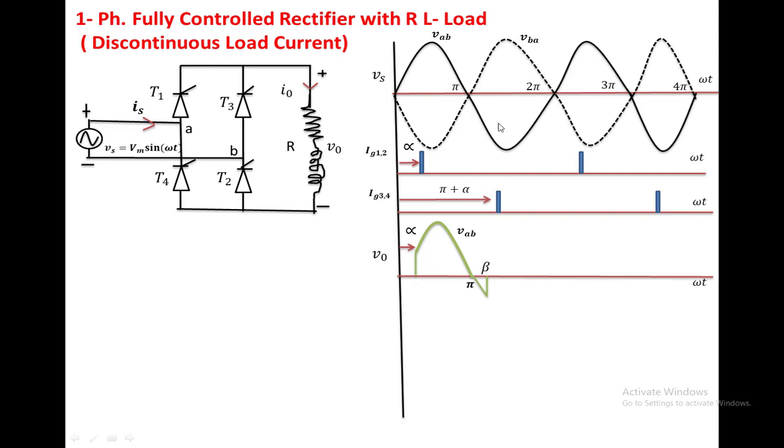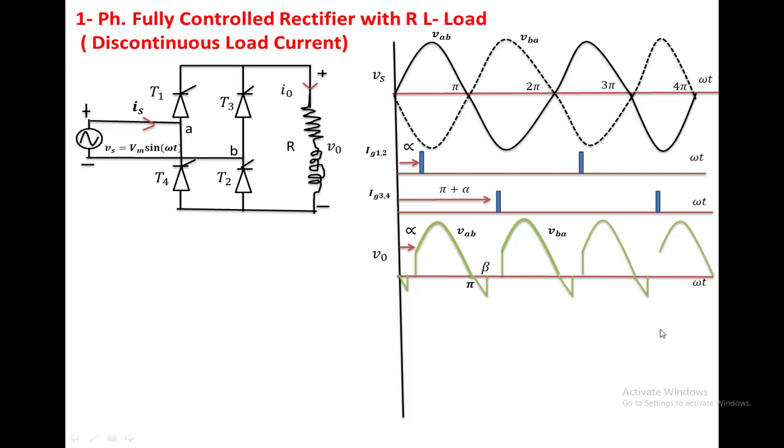From this point to this point you have to see how the VBA changes. Again, because of this inductance, T3, T4 conducts up to angle beta, up to this point. Again, no device is conducting in this interval, from 2 pi plus beta to 2 pi plus alpha.